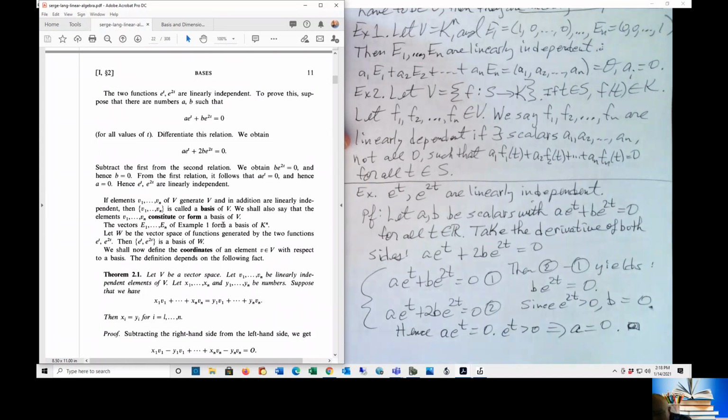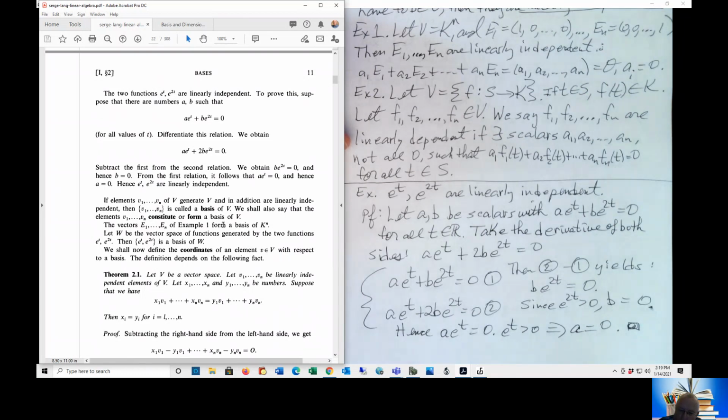Differentiate that relation. If you take its derivative, you get a e to the t plus 2b e to the 2t equals 0. Now you have a system of two equations and two unknowns, a and b, and then you can solve for a and b. Subtracting the first equation from the second yields b e to the 2t equal 0.